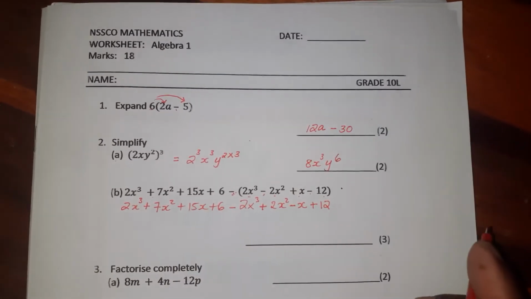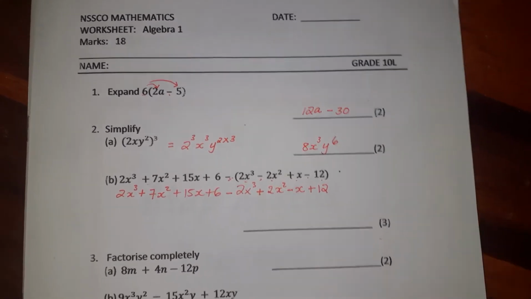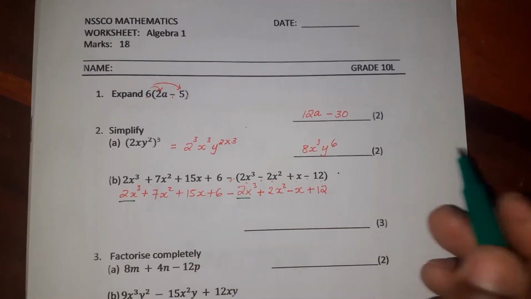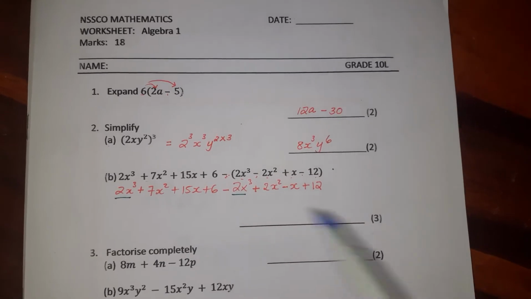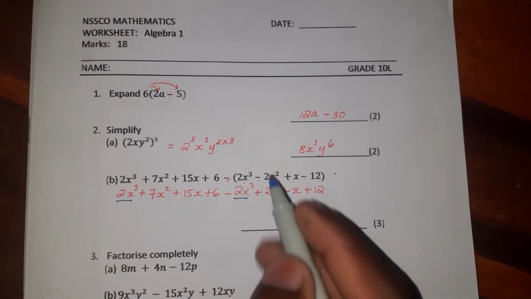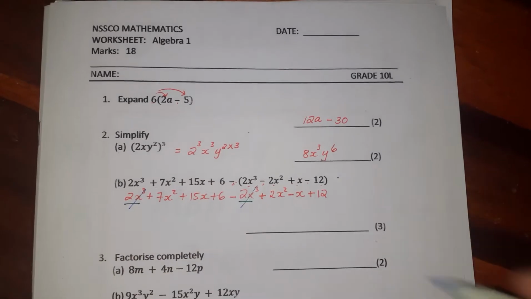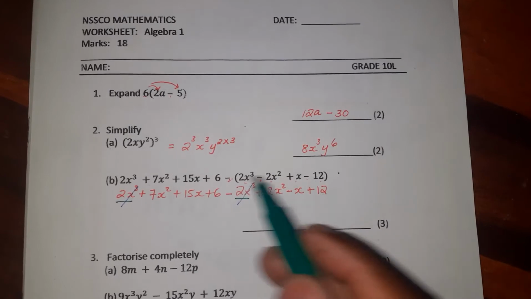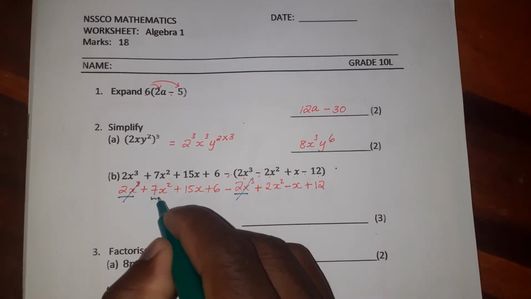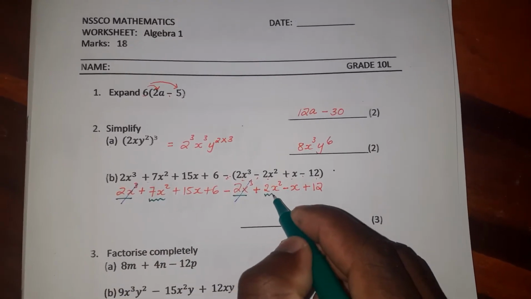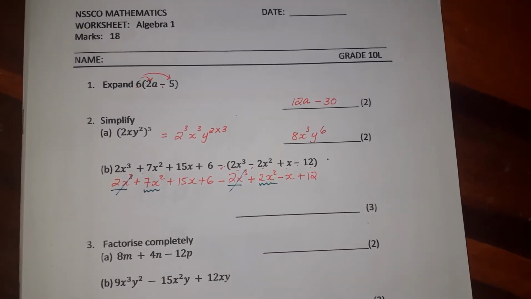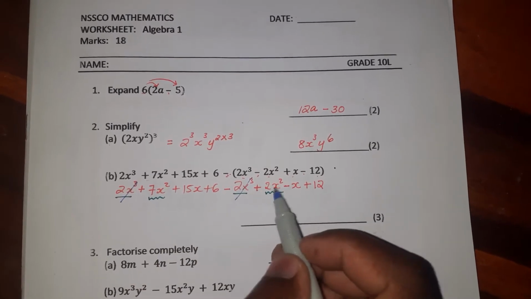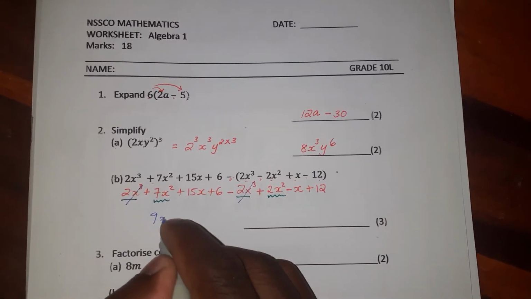Now once we are done, we can collect like terms. Our like terms here, this and that, those two are like terms, and since this is positive, that is negative, these two terms will cancel each other. And we also have this term here, and then that with x to the power 2. Now 7x squared plus 2x squared, we get 9x squared.